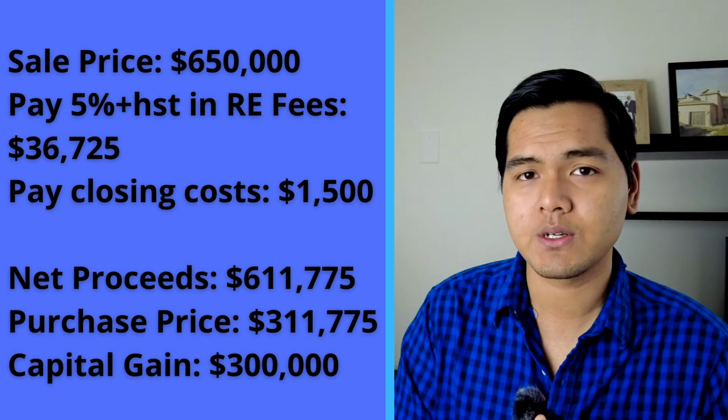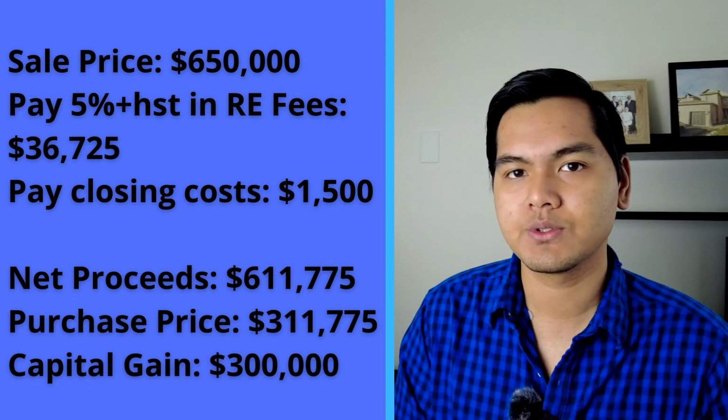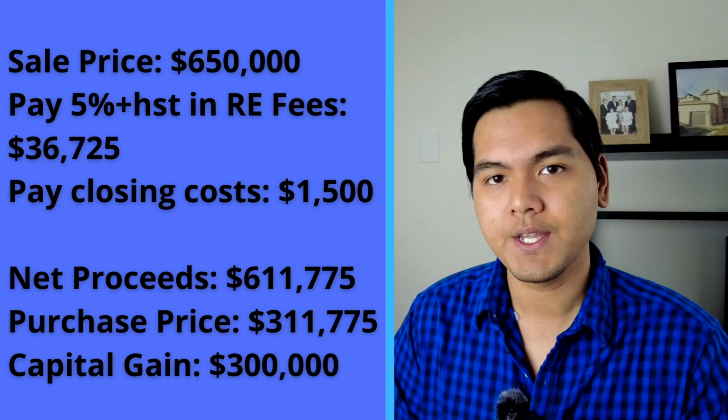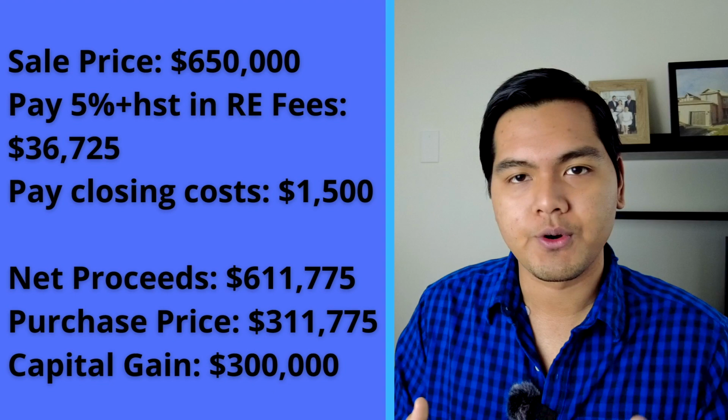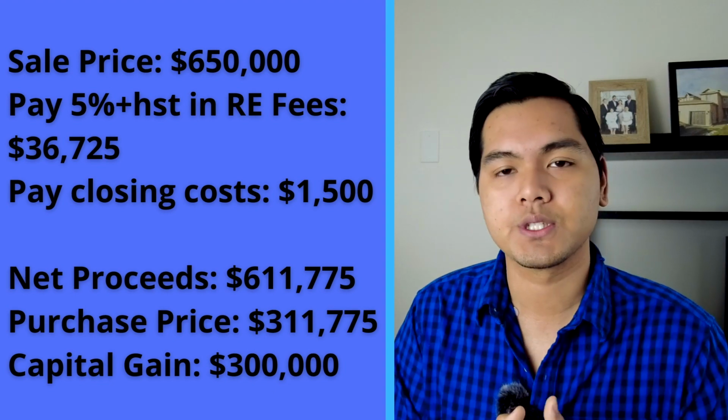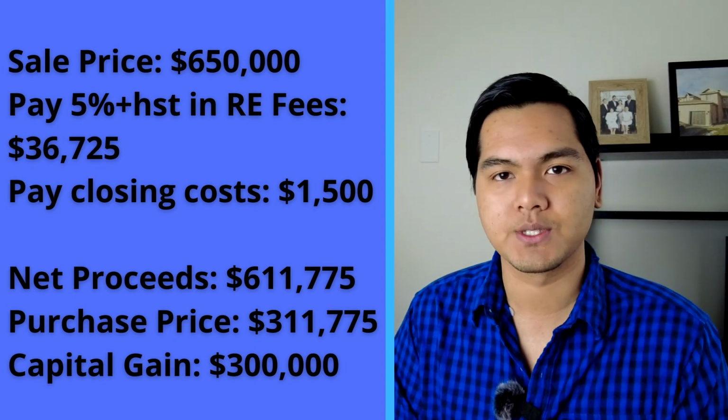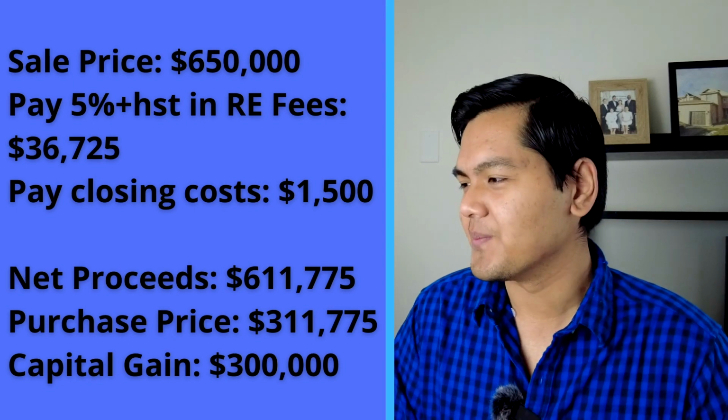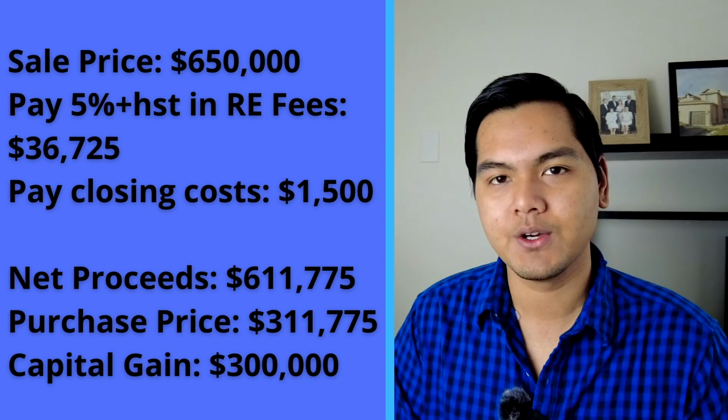So our net proceeds are going to be $611,775. And we're going to assume, for round numbers, the investor purchased this property for $311,775. So we have a total capital gain of $300,000. This is the profit this investor has made from owning this property over however many years it's been.